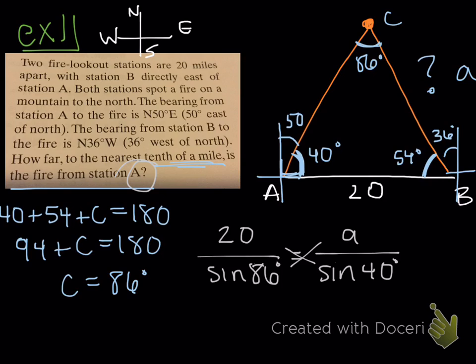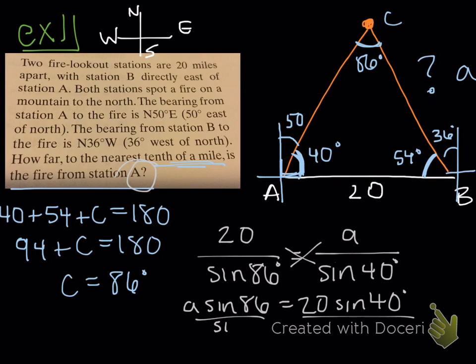And now we cross multiply like what we did the past few days. So I get a sine of 86 equals 20 sine of 40. And I divide both sides by sine of 86. So it's going to cancel over here.